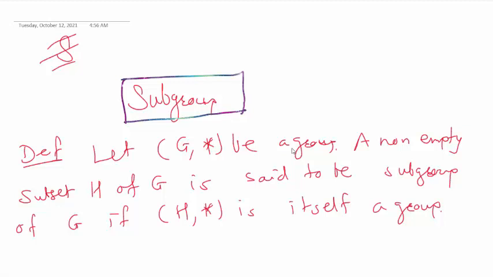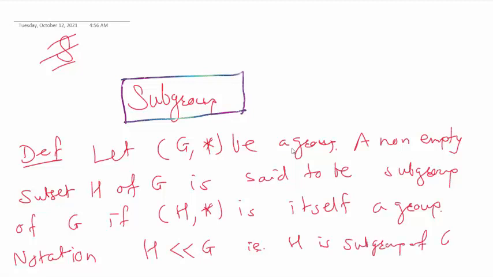And we can write the notation: it is denoted by H is a subgroup of G, H ≤ G. This is the notation. Now we write examples.